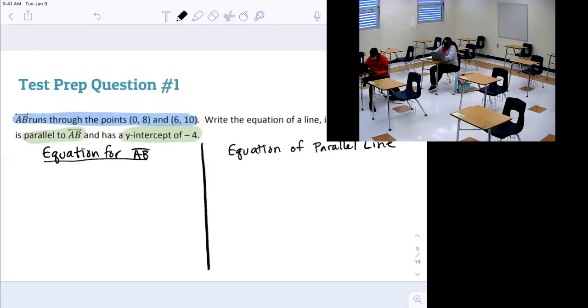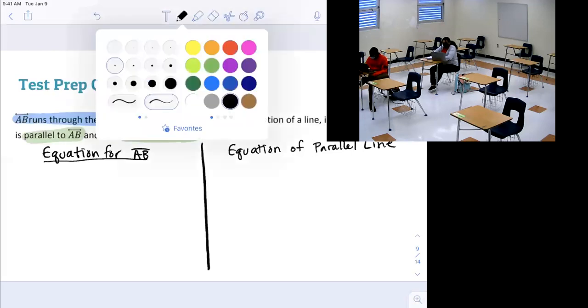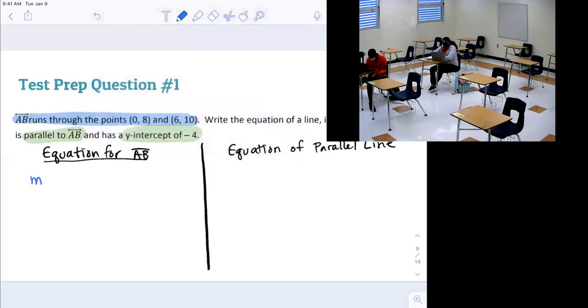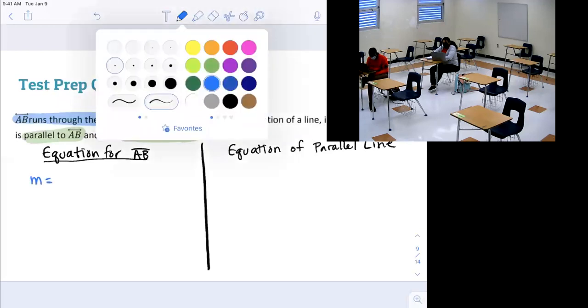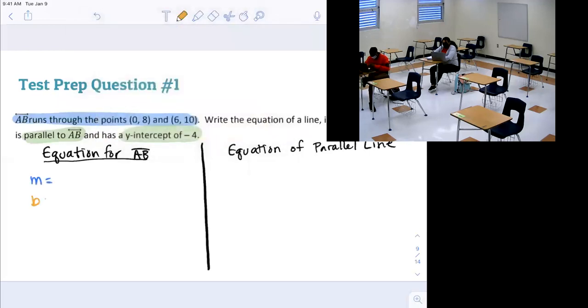Before I can find the equation of the parallel line, I need to know the equation of my original line. So since the only thing I know about that line is the 2 points that it gives us, look carefully at those 2 points. Can I fill in any of these blanks? Do I know my M or my B?